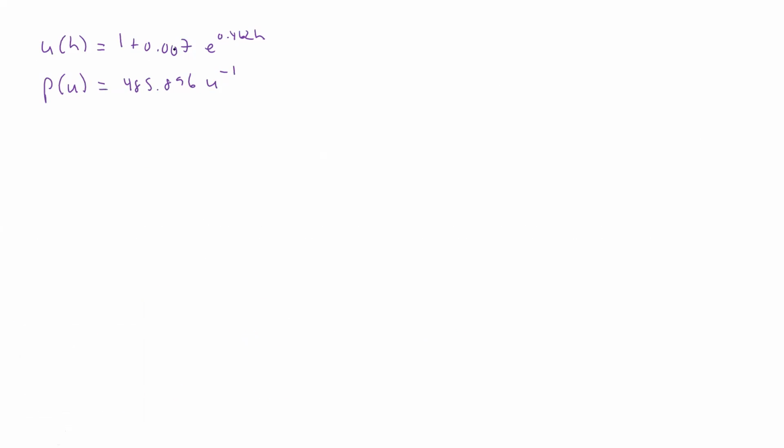Now, can we take the derivative of both of those? Yeah, we can. u prime of h is equal to 0.007, which we think of as a number, times the ln of e^0.462, and then we still have e^(0.462h). That's like your b to the x or h or whatever.